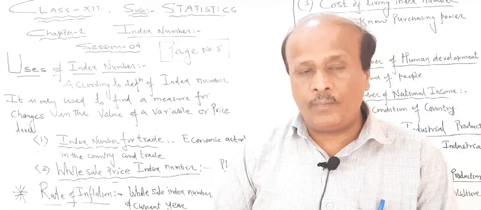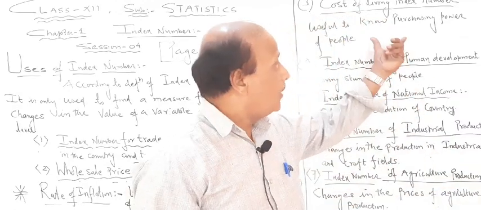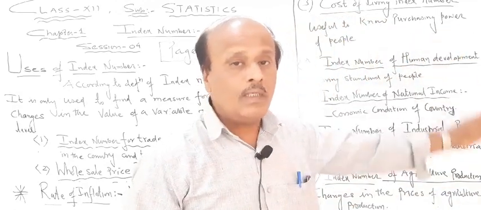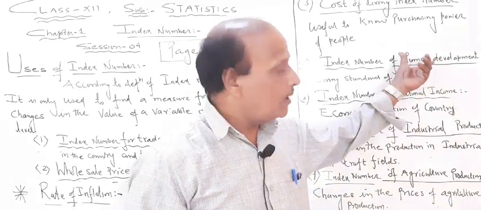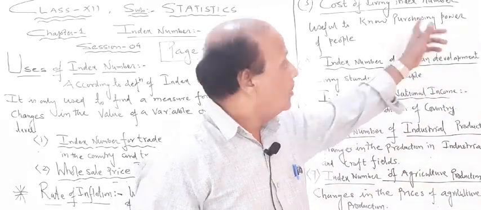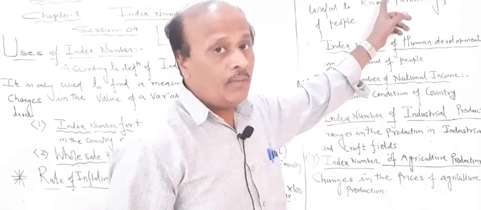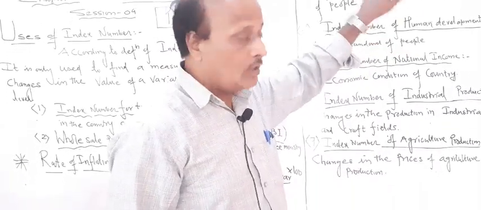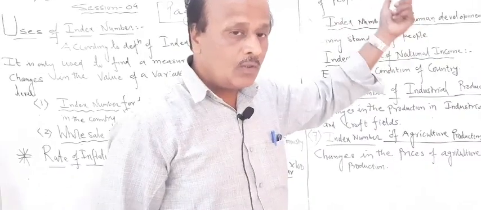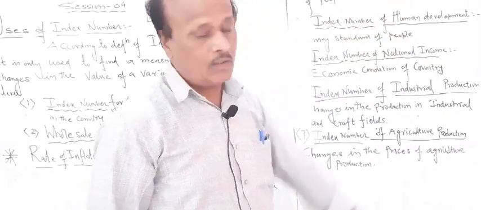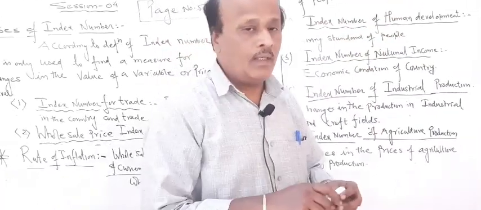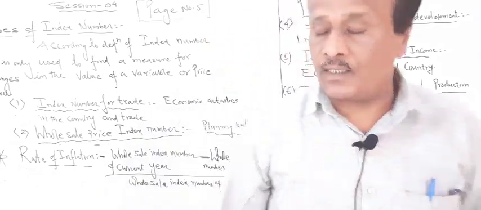Then people will be more able to purchase many items: food items, and then luxurious items. So the purchasing power of people is known by the cost of living index number. This is very important. Afterwards, after the next sessions, you will get the formula to calculate the cost of living index number.